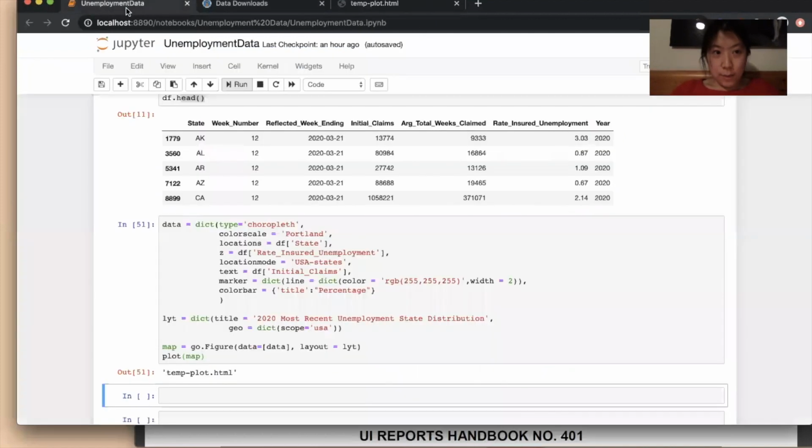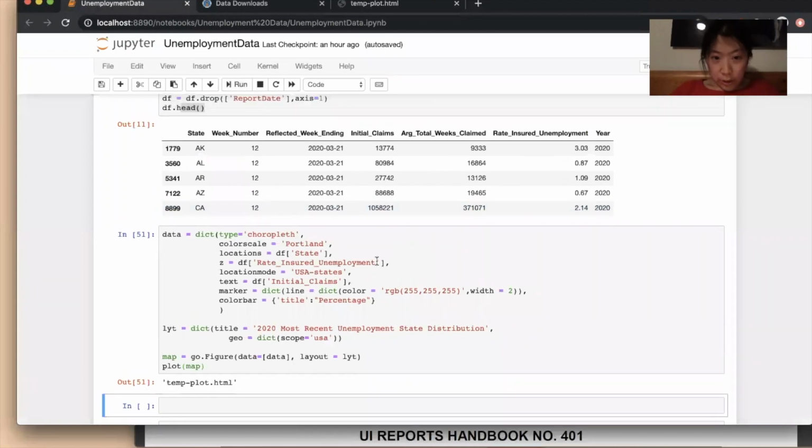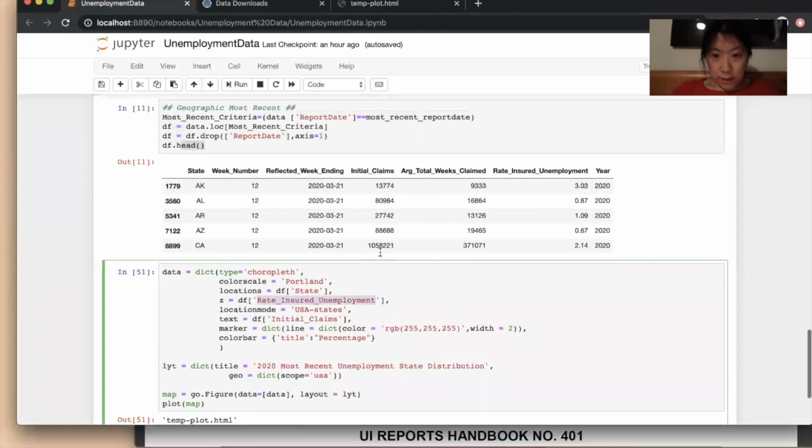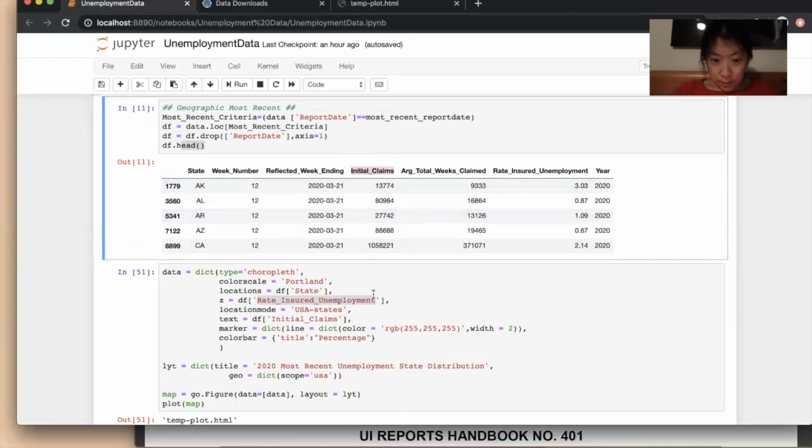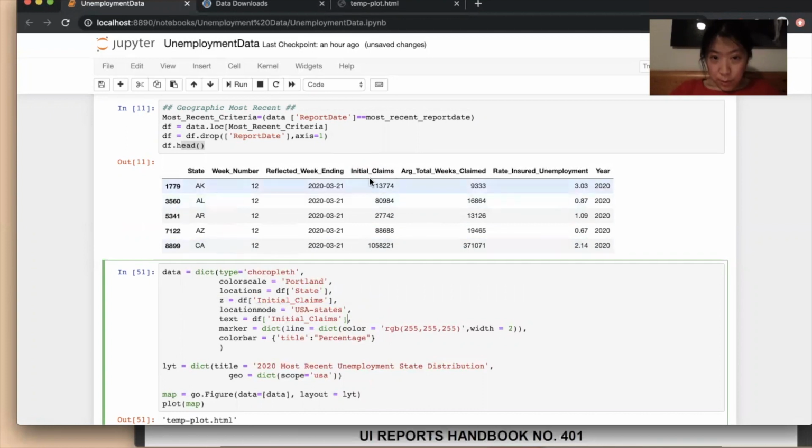So by seeing that, maybe we can do that. I'm going to change the unemployment rate here with initial claims, and I'm going to put the unemployment rate at state level.